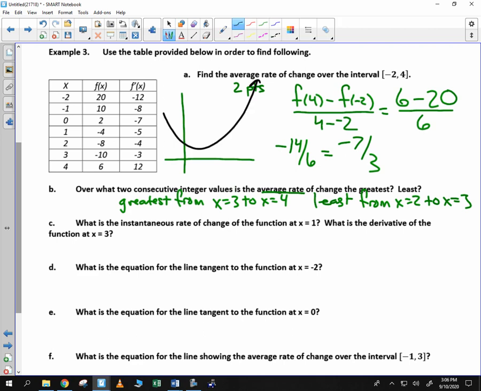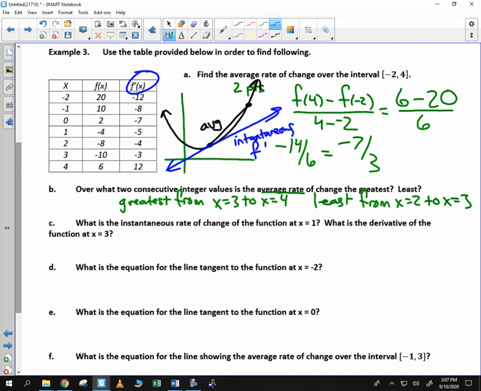If you have a function and you look at 2 points, that's the secant line, and that's the average rate of change. But if you look at a function and you look at the slope of the tangent line, that's instantaneous. That means f prime. So this tells us instantaneous rate of change.